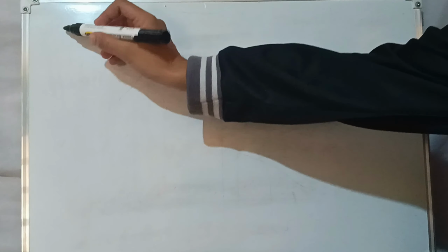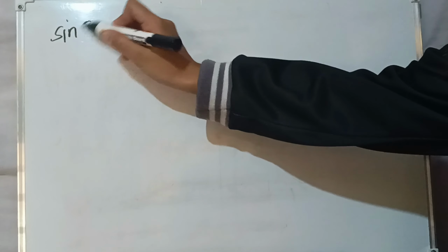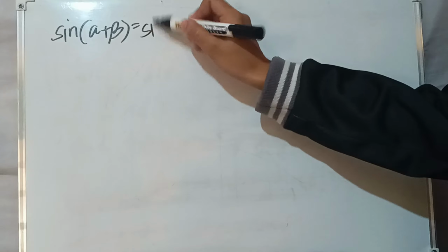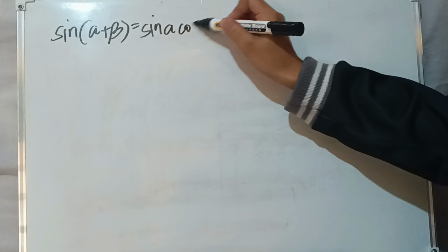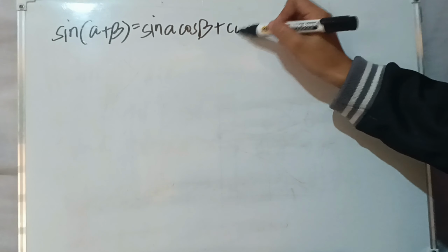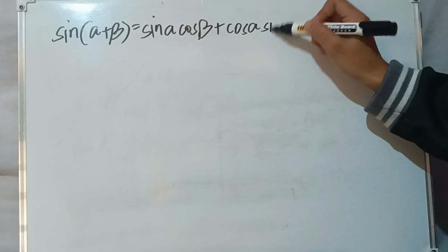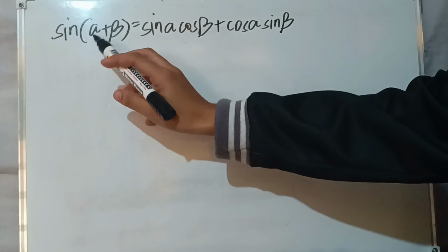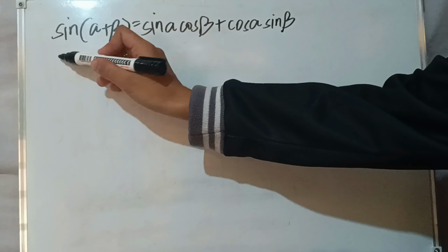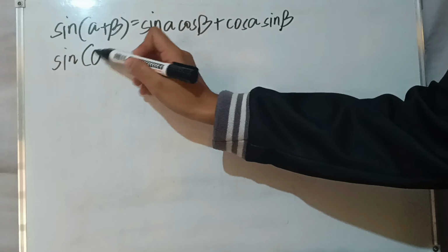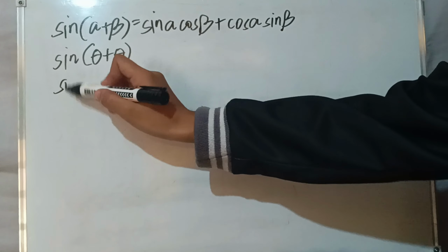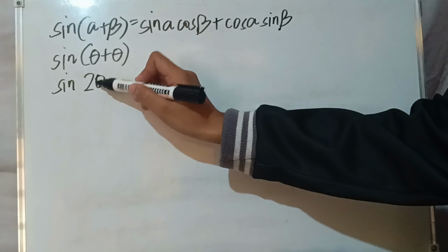To get the double angle formula for sine, we use the sum and difference formula for sine, which is sine alpha plus beta is equal to sine alpha cosine beta plus cosine alpha sine beta. We replace the alpha and beta with theta, so sine theta plus theta, which is the same as sine 2 theta.